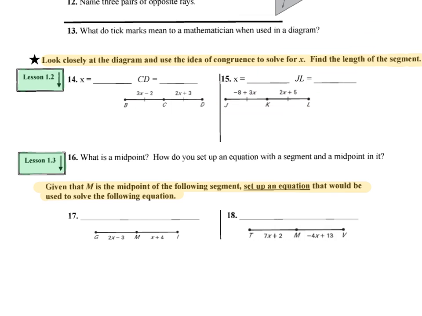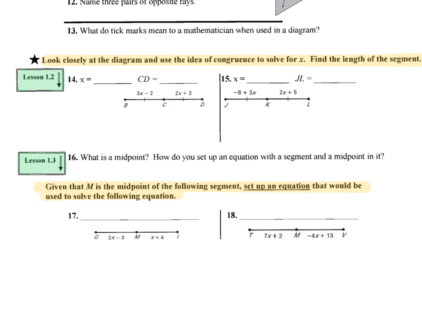All right, we're going to unpause right now, and let's look at question 14. They ask us to look closely at the diagram and use the idea of congruence to solve for x. Find the length of the segment. So in both of these sections here, we're going to be looking in our notes 1.2 and 1.3. A couple things that I want you to pay attention to.